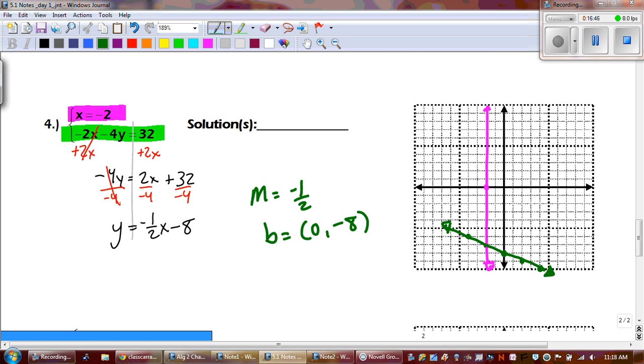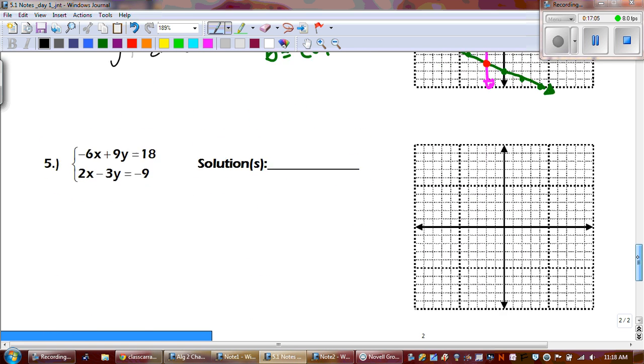Okay, the point of intersection, which is right there, and that is the point -2. Was that -6? Nope, -7. Always make sure to count. Okay, double check.